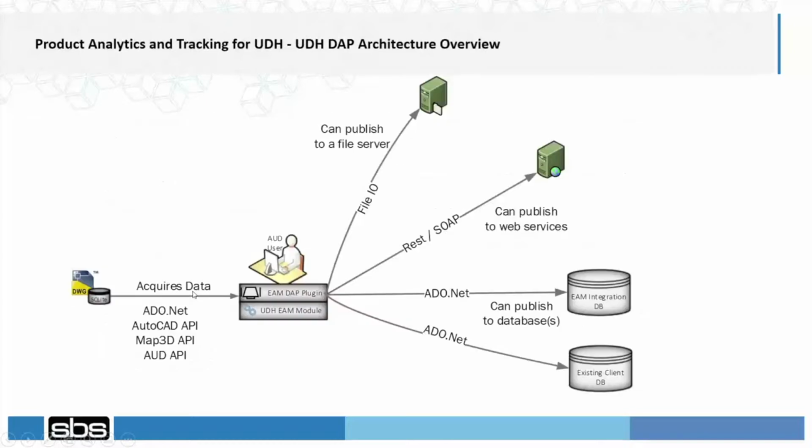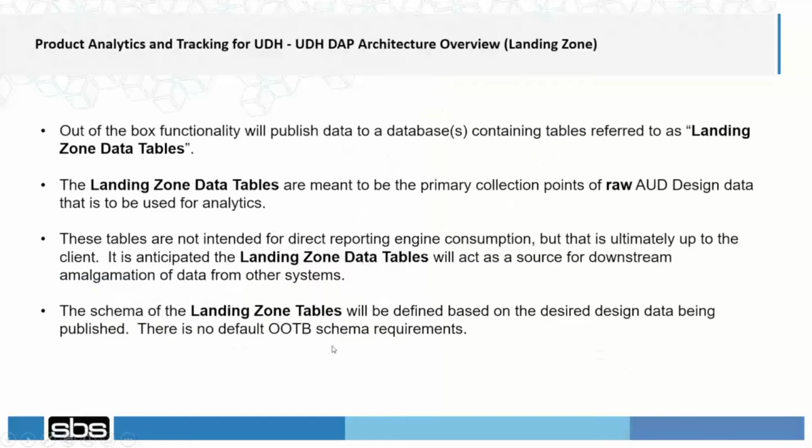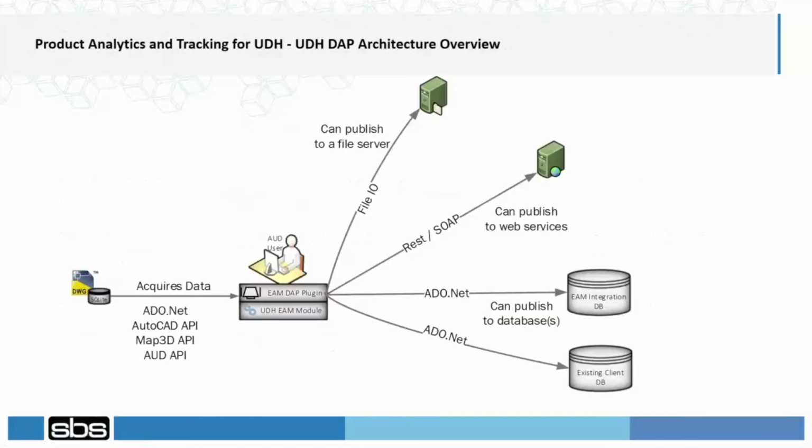let's see here. This is just a really high level architecture, just so everybody can gain an understanding of this. So we have the AUD client right here, a user using the utility data hub or AUD product, and this DAP plugin that I'm showing right here sits on top of the EAM module, and that EAM module is just a plugin itself to the AUD product.